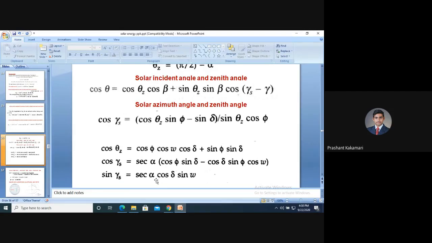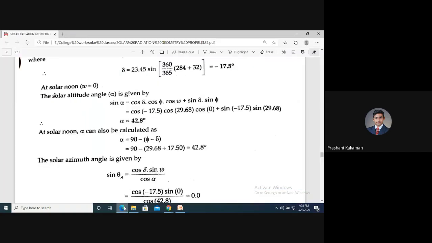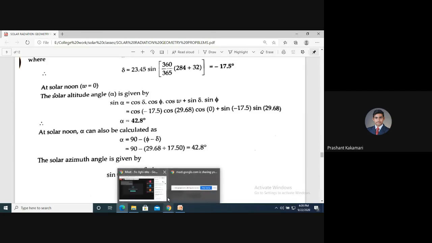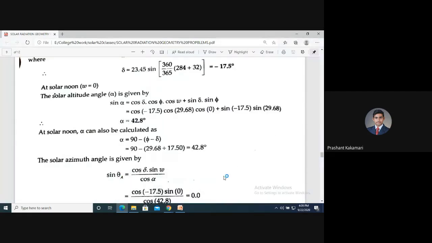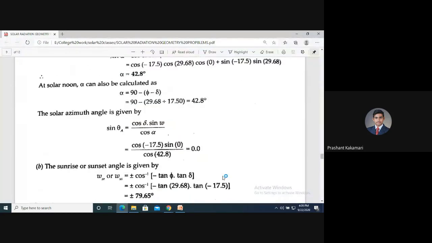So sine of gamma s is nothing but secant of alpha. So anyone can reply me what is secant alpha? Same equation they have used here and found out the solar azimuth angle for a horizontal surface. As our hour angle is 0 at 12 noon, this solar azimuth angle is also 0, no value.